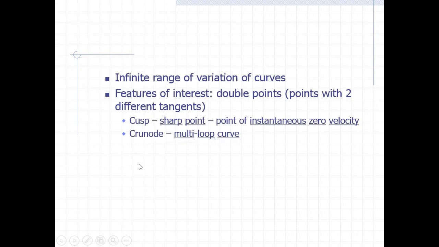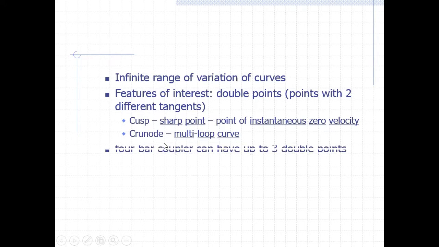Features of interest on these couplers are as follows. Double points are points with 2 different tangents. We have cusps. These are sharp points, or points of instantaneously 0 velocity. And we have chronoids, or multi-loop curves. The 4-bar coupler can have up to 3 double points.